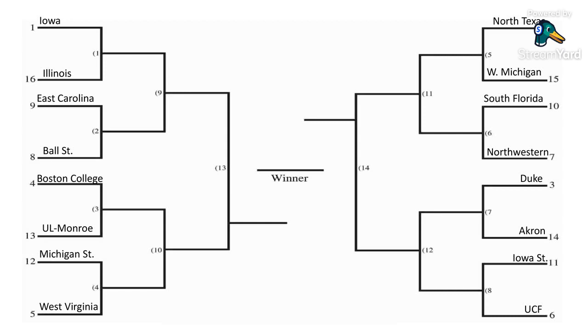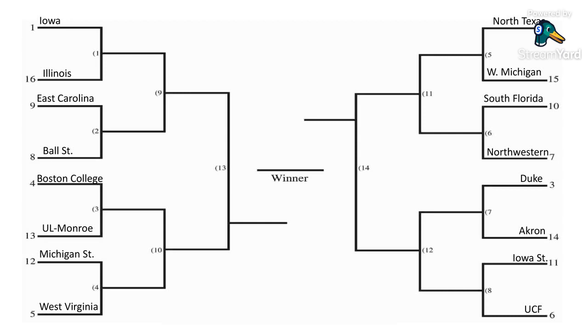Again, the games will be held at the higher seed's stadium. So the game is NCAA Football 14 on the Xbox 360, and we will have it at North Texas. So the teams hosting will be North Texas, Northwestern, Duke, UCF, West Virginia, Boston College, Ball State, and Iowa.